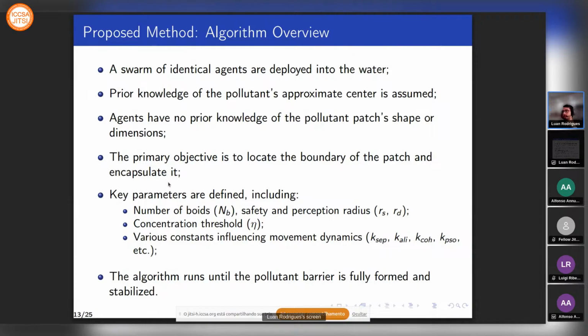There are also some parameters to be defined, like the number of voids, the safety and perceptive radius, the concentration threshold, so the voids can know if they are in a pollutant area, and some moving dynamics constants. And the algorithm runs until the pollutant barrier is fully formed and stabilized.